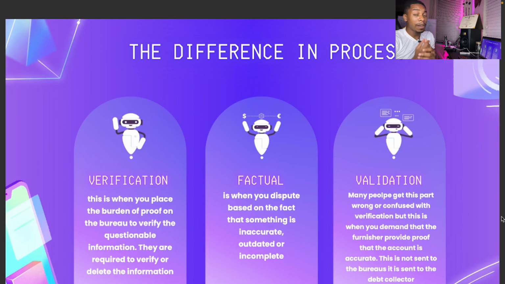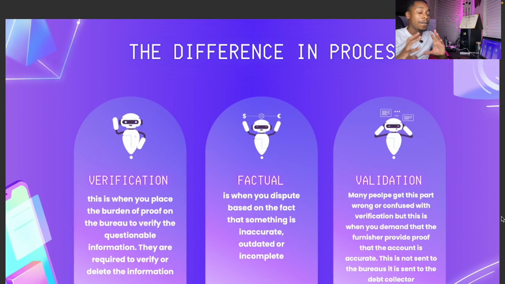So let's talk about validation. This is one that most people get wrong, or get confused with verification. Validation is when you demand that the furnisher provide proof that the account is accurate. So this is not sent to the bureaus. This is sent to the furnishers, the debt collector, that company.